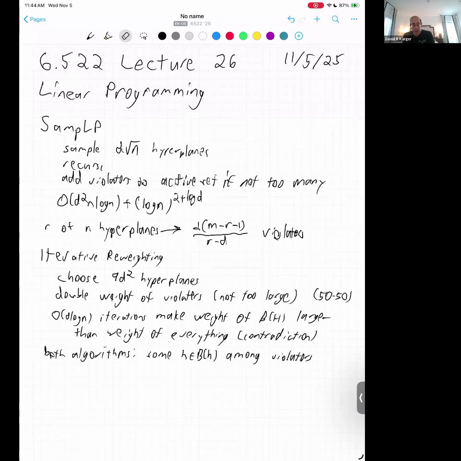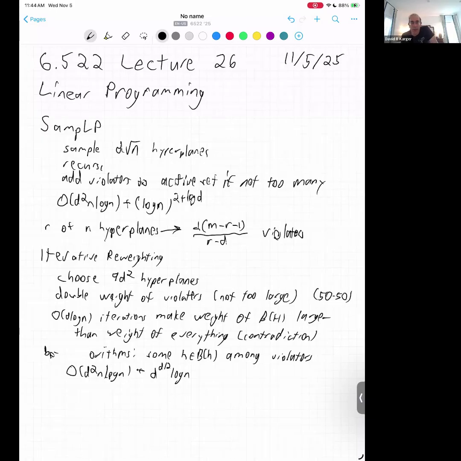This algorithm had a runtime of order d squared n log n for just doing the iterations plus d to the d over 2 log n for doing the sampled problems.